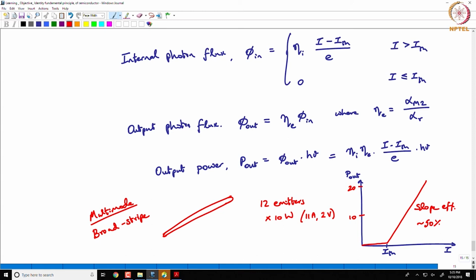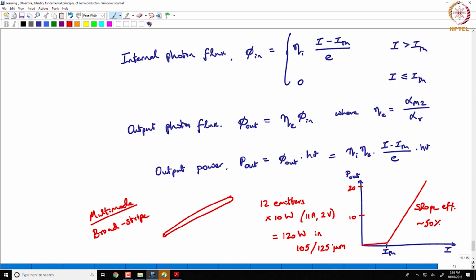For 22 watts of electrical power I am getting 10 watts of output power. So, that is pretty good, right? It's close to 50% wall plug efficiency. All of this combined is giving me 120 watts in a multimode fiber, which is 105 microns in core diameter, 125 microns in cladding diameter.